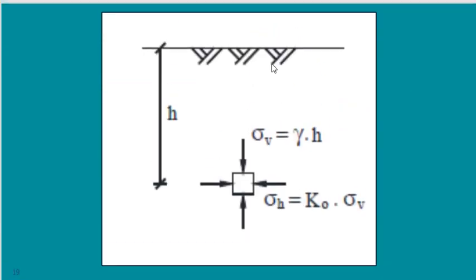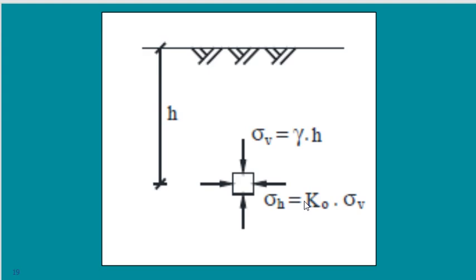So this equation will change, because in this equation we said that sigma horizontal is equal to K naught multiplied by sigma vertical. K naught is a constant for the at rest condition. Then I have to have two other constants, Ka, which is K active, and Kp, which is K passive.